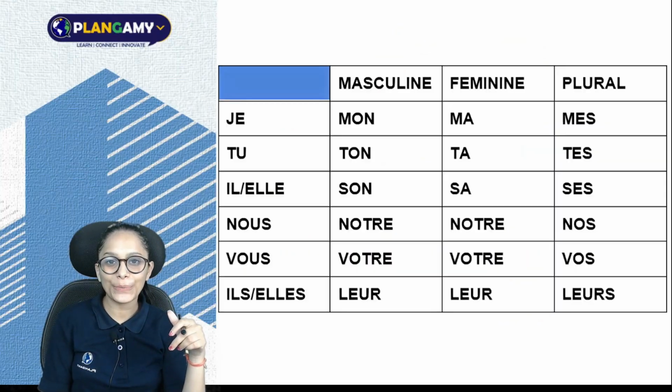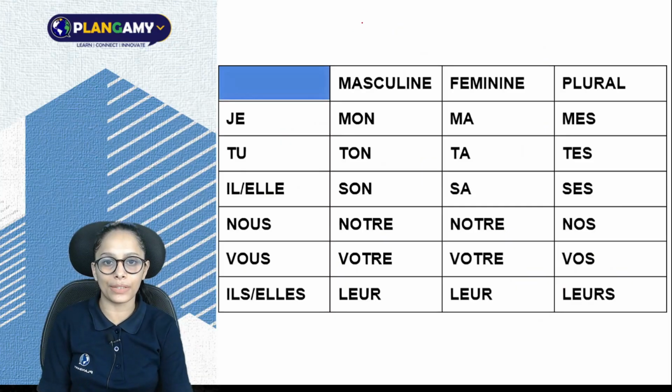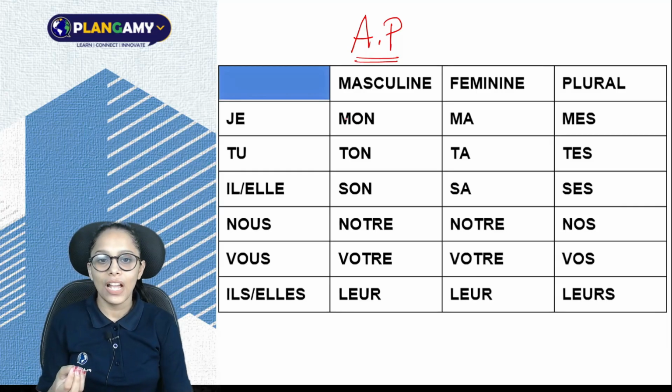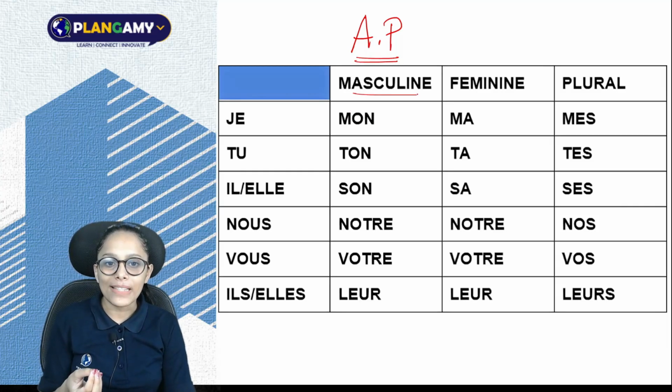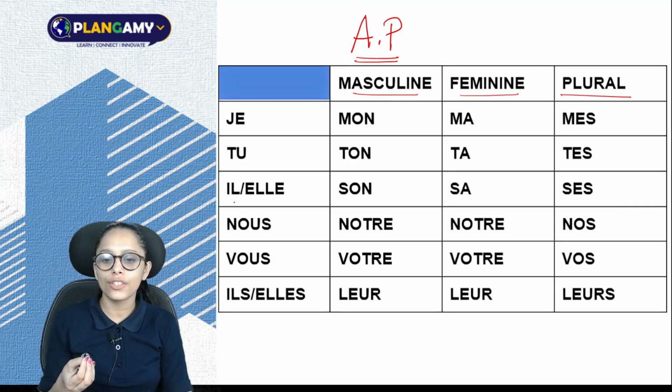Moving further, we have this table. This table basically tells us about adjective possessive. So, I have written AP, adjective possessive. It is divided as masculine, feminine and plural. Here, these, je, tu, il, elle, nous, vous, il, elle, are our sujets.